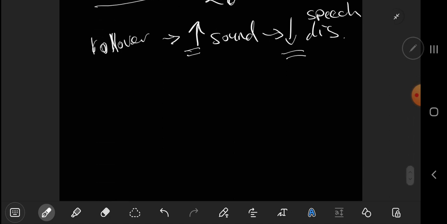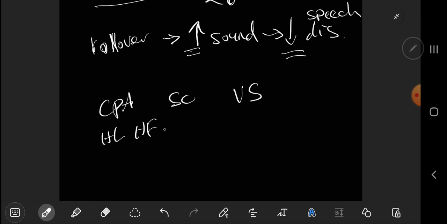So we have this tumor in the cerebellopontine angle from Schwann cells, which is called vestibular schwannoma. It causes compression of the 8th cranial nerve with hearing loss in the high frequency, tinnitus.